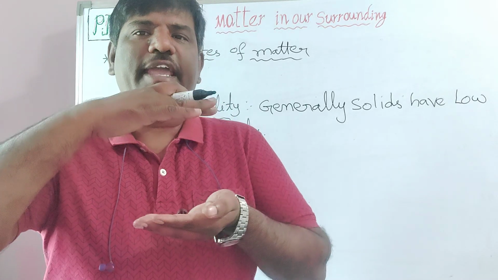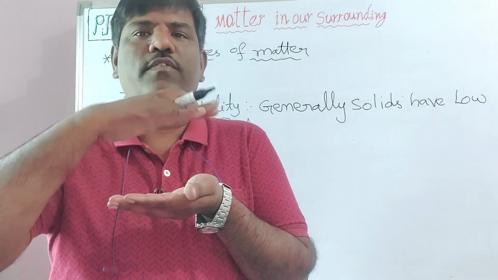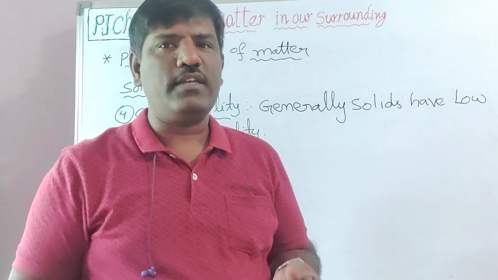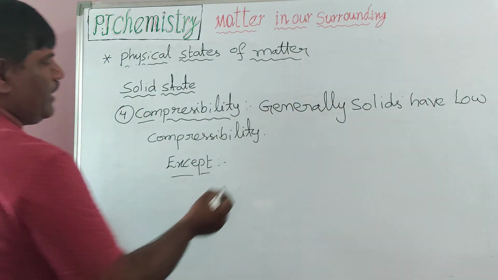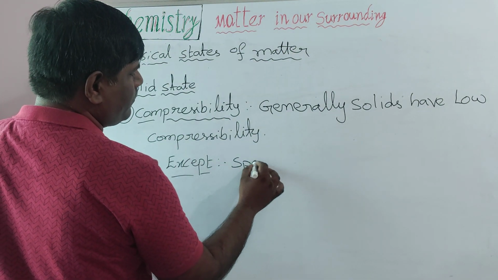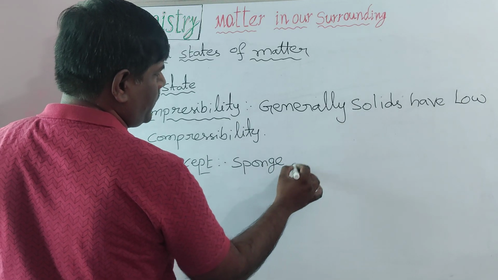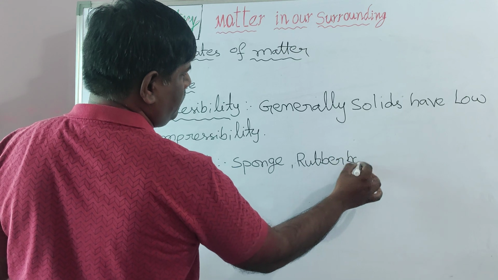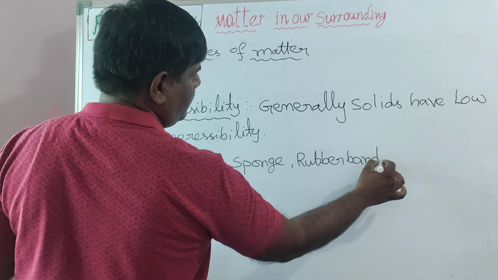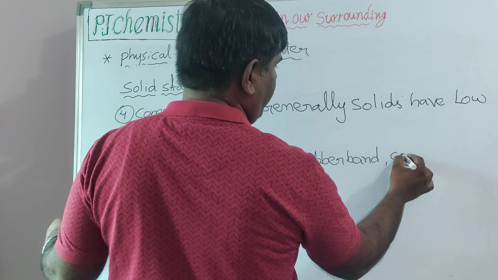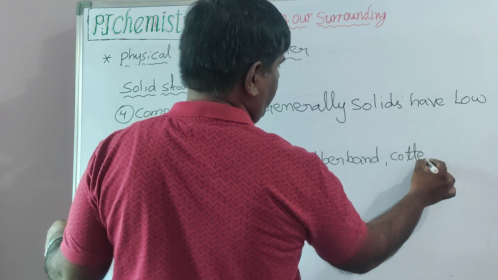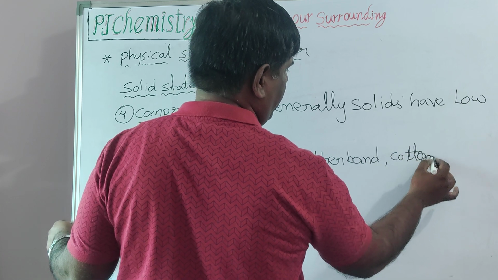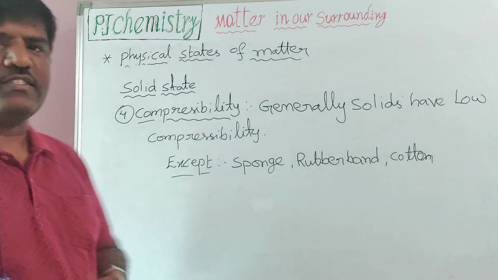Because when we compress, the air gaps, the air will go out, the volume will get reduced, meaning shape and size change. So as exceptional cases, we can take sponge, rubber band, and cotton as examples.